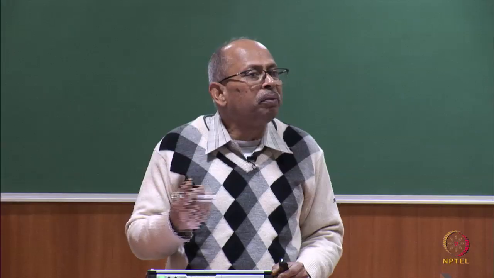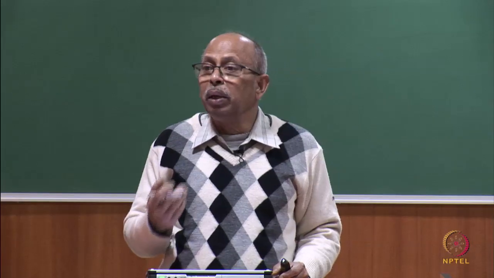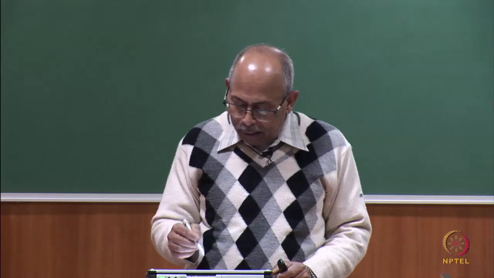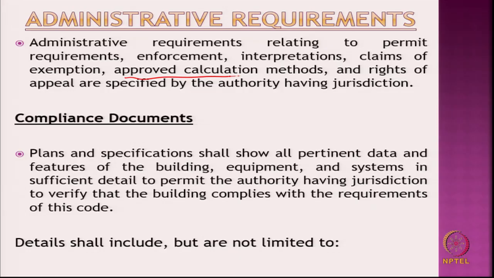Therefore, I should have methods of estimating the annual energy consumption in the building. These are basically approved methods, and rights of appeal, etc., having authority having jurisdiction and all that, like municipal authorities, they should be there, but it has not come to that stage in India.